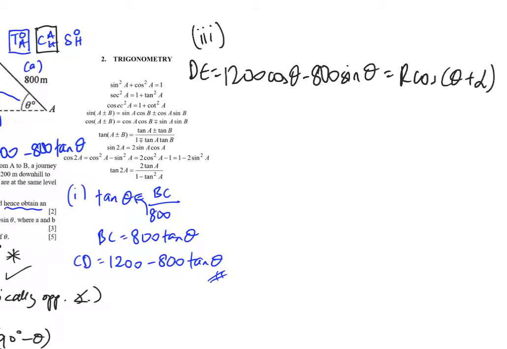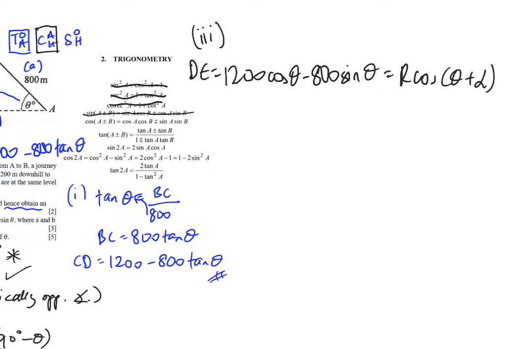Now I encourage you, whenever you come across this R formula question, that you start by looking at the formula. So I want to change the dE into R cosine theta plus alpha. Definitely all these 3 formulas are not applicable for this particular question. Even this formula is not applicable.